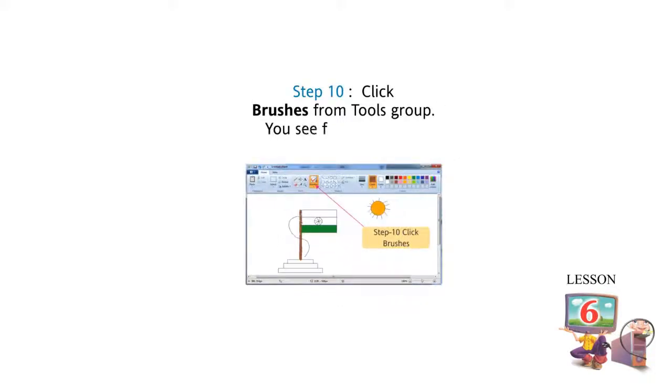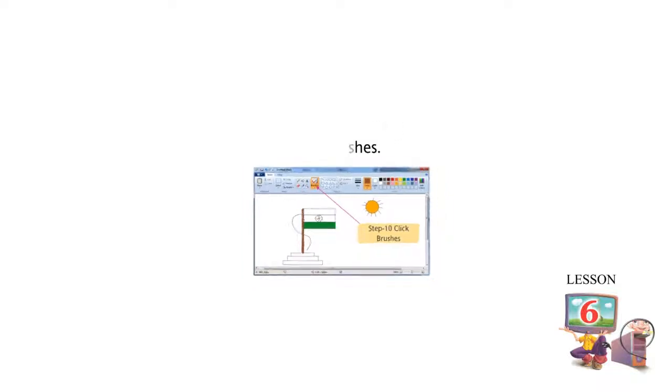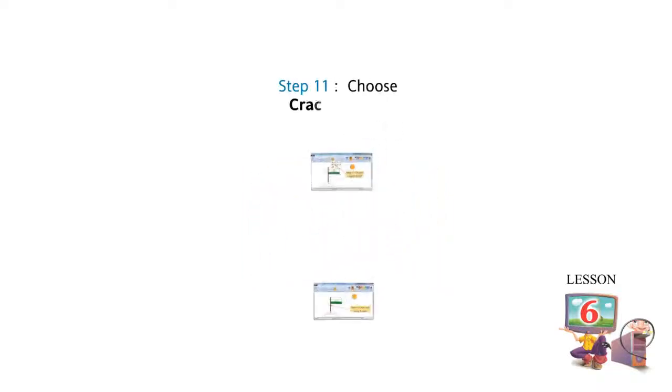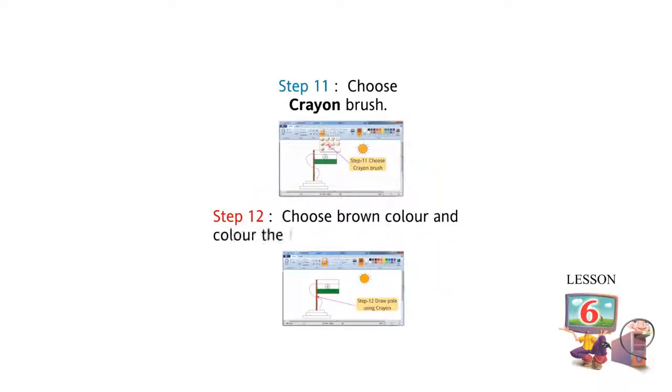Step 10. Click Brushes from Tools group. You see different types of brushes. Step 11. Choose Crayon brush. Step 12. Choose brown color and color the pole of the flag as shown.